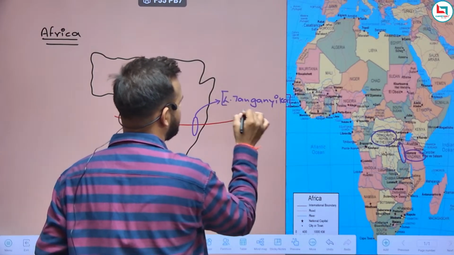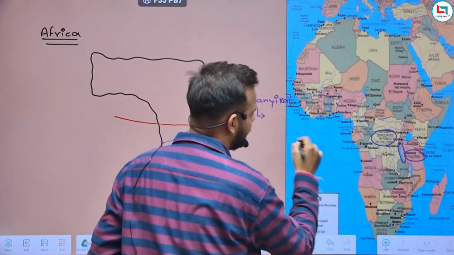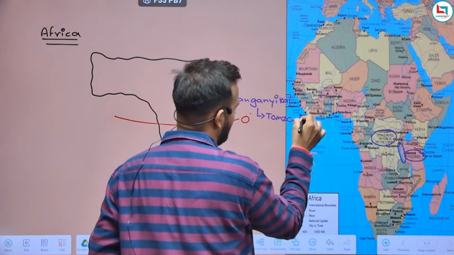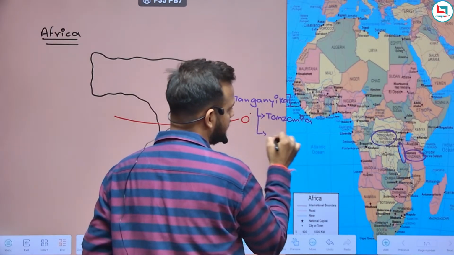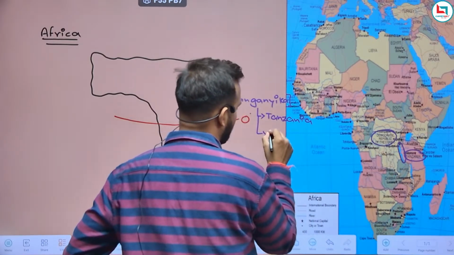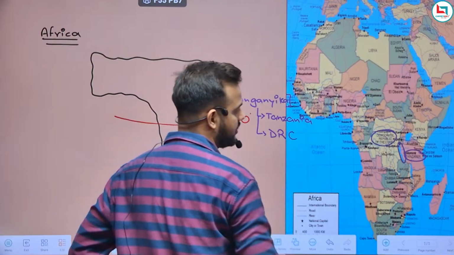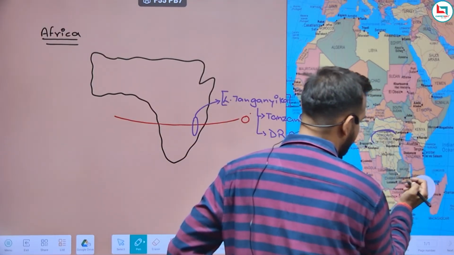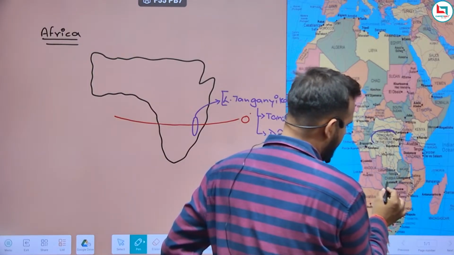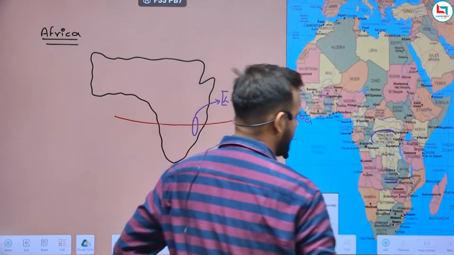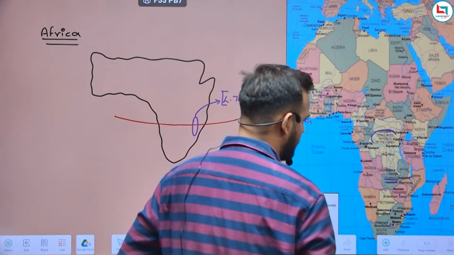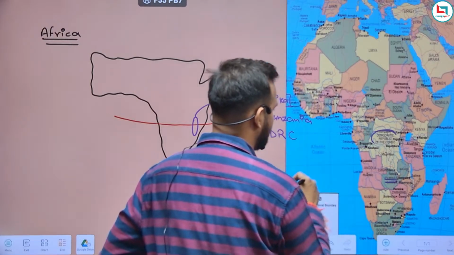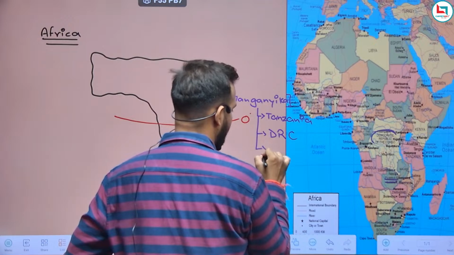It is present on the border of Tanzania, and also on the border of the Democratic Republic of Congo, which is DRC. And here is the country Zambia. So it is present on the border of Zambia, the Democratic Republic of Congo, and Tanzania.